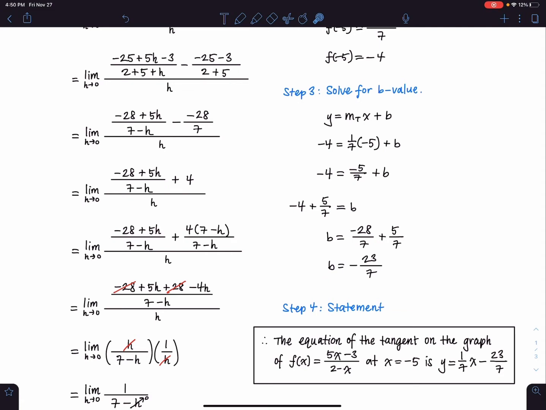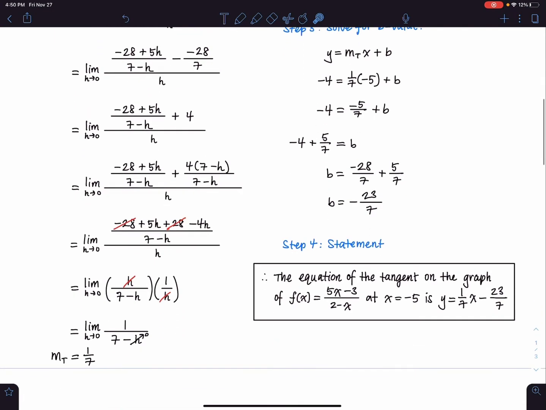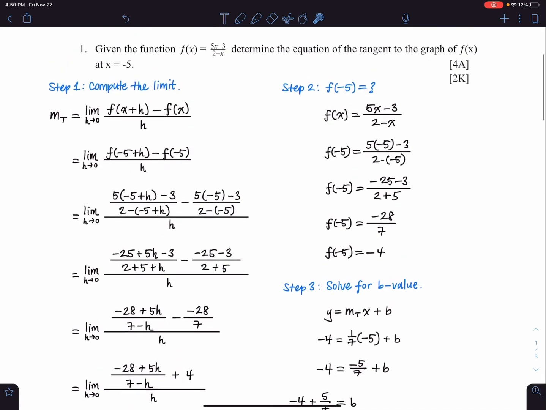At this point, the question's practically done, and the last thing to do to get full communication marks is write a therefore statement. So I just wrote that, therefore the equation of the tangent on the graph of f of x at x equals minus 5 is y equals 1 over 7x minus 23 over 7. And that's how you would do question 1.